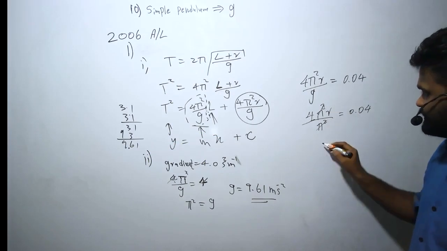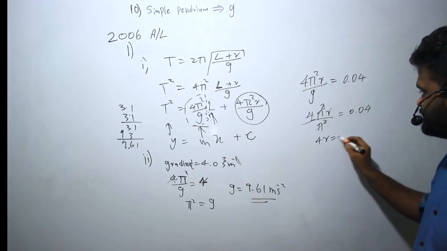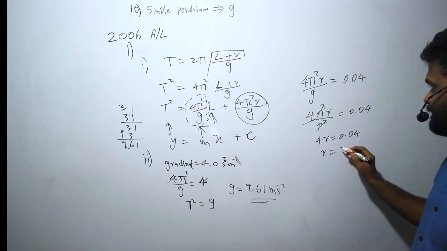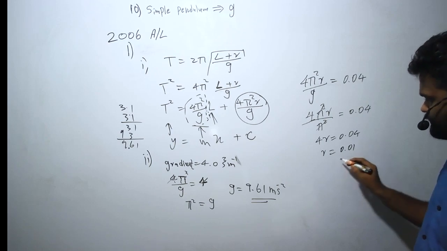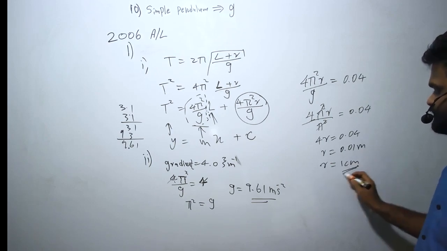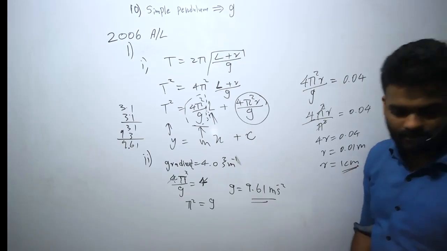So pi squared cancels off, then 4r is equal to 0.04. So r is what? 0.01 meters. So that is 1 centimeter, right? So the radius of the bob is 1 centimeter.